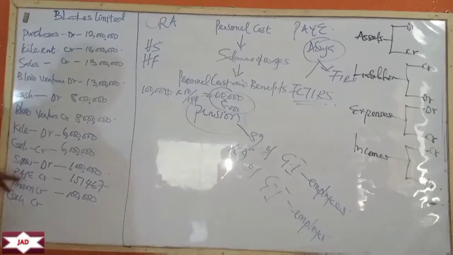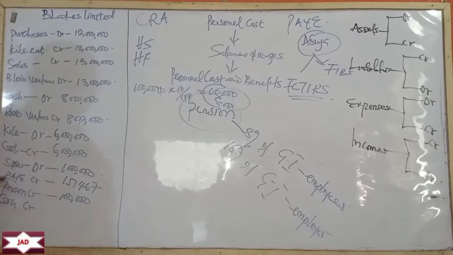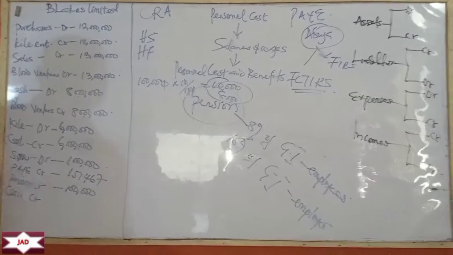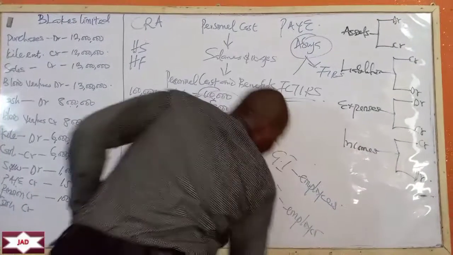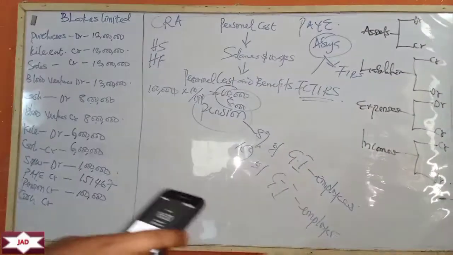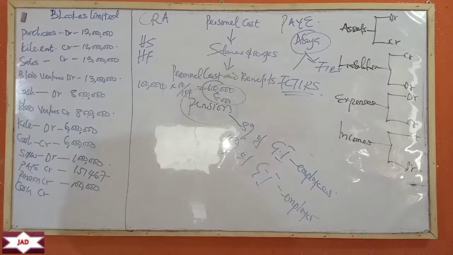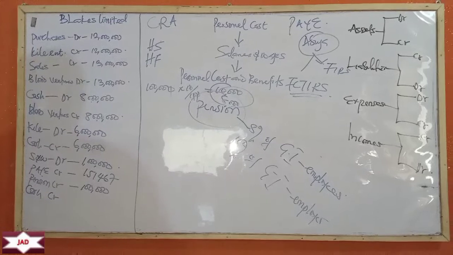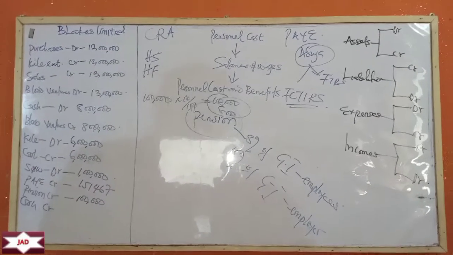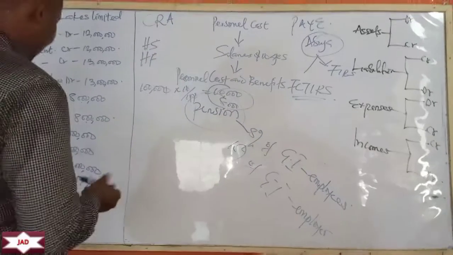You're going to have to pay these guys 1 million less their tax and less their own pension. So what is their own pension? According to this question, their pension will be 8%. So if you take out 8% of this, 8% is what? 80,000, right?